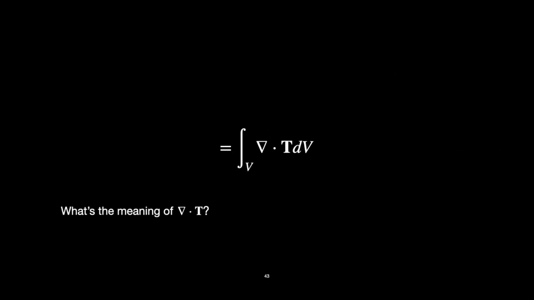We have the divergence of the stress tensor in the integrand, but we cannot go any further from it. We're not going to evaluate the partial for every element. So we need to find the meaning of the integrand.